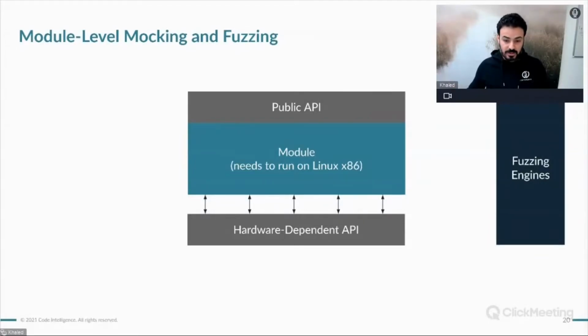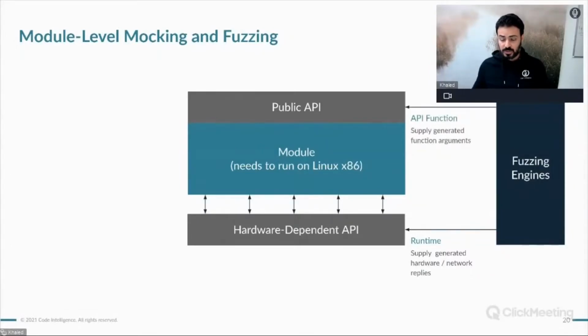And we need to be able to mock the hardware dependencies, to basically replace or stub all calls to the actual hardware with fuzzer generated inputs. So each time a hardware dependent API is called, we just supply the fuzzer generated input, and we do the same also for the public API.